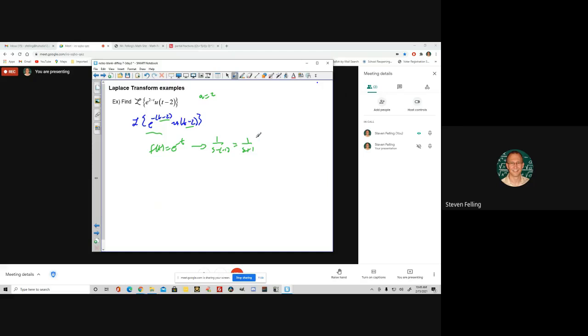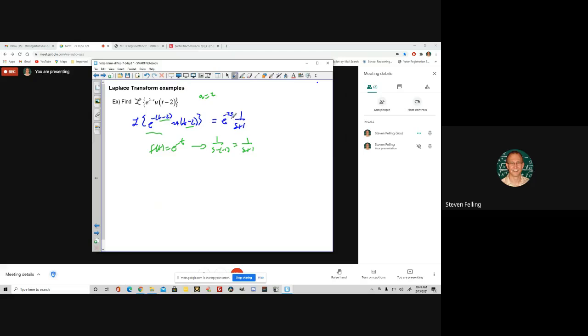But I have to multiply that by the exponential. In this case, this isn't the exponential multiplication. This is the f of t. And that means that the Laplace transform of all of this is just going to be this 1 over s plus 1, right? But times an e to the negative 2s, sorry, negative 2s.